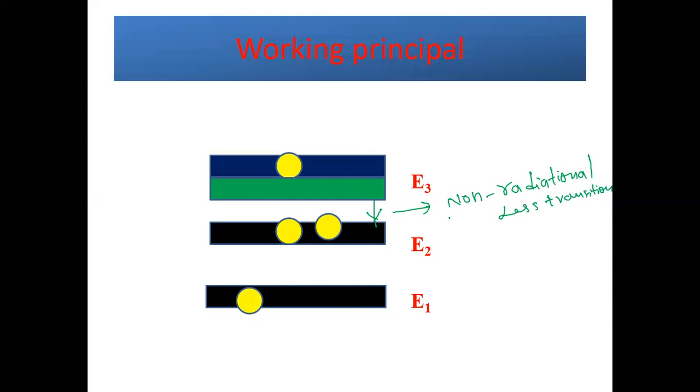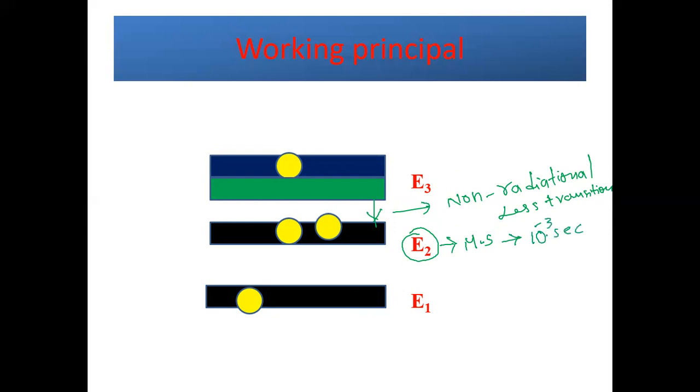That means there is no emission of photon. And this E2 energy level is a metastable state. That means this energy level has a lifetime of 10 power minus 3 seconds.